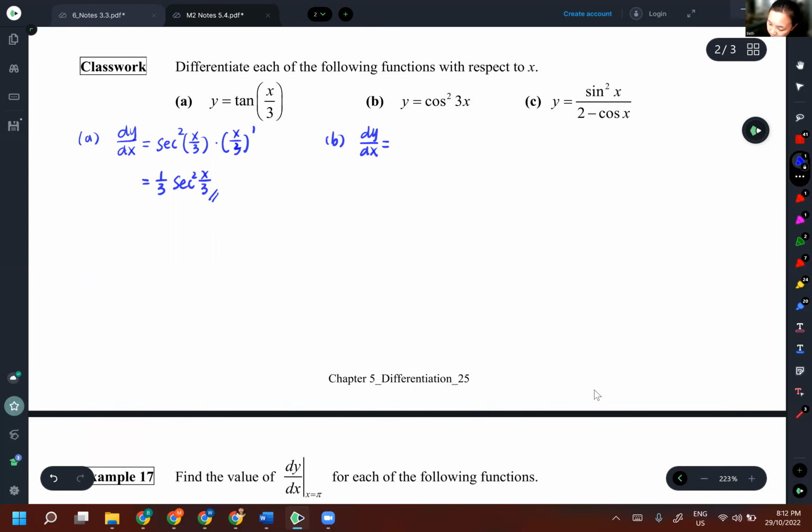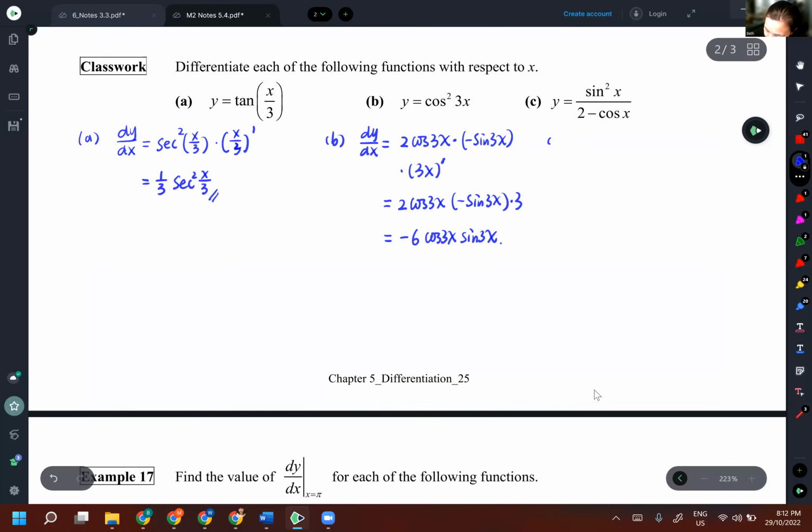This one has 3 layers. So the first one is 2u. And the second one is negative sine 3x. And the third one is the 3x differentiation. So this one is 2 cosine 3x, negative sine 3x times 3. Final answer, negative 6 cosine 3x sine 3x.